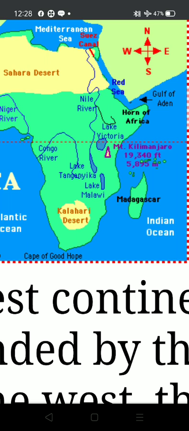So from this point also we can say that Africa being called the dark continent by Europeans because nobody knew it is not correct, children.